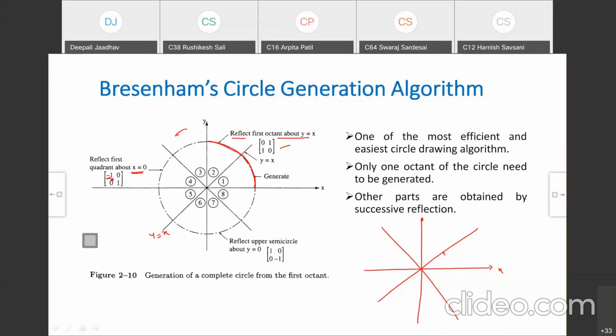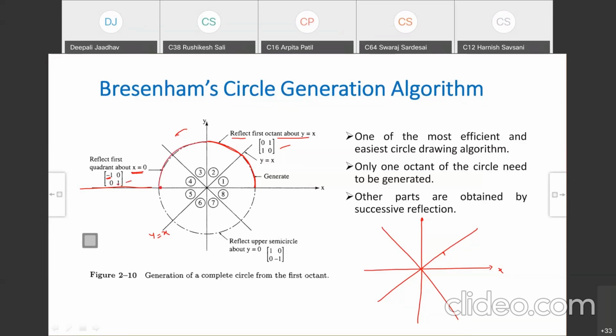We reflect it through this line, and that's why the matrix is minus 1, 0, 0, 1. We have already seen these equations in 2D transformation. So using this matrix of minus 1, 0, 0, 1, the generated quadrant is reflected here.